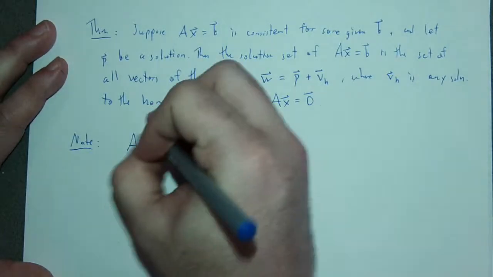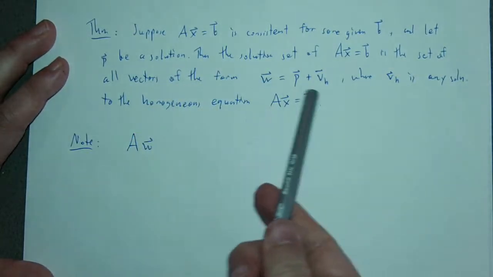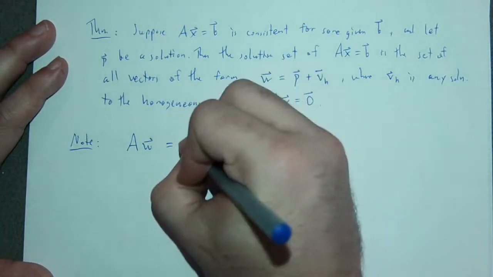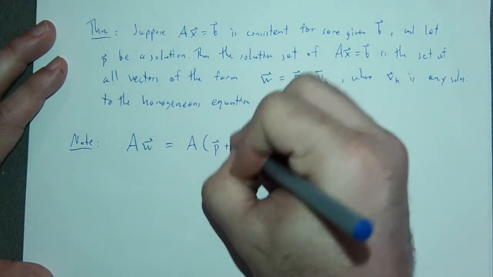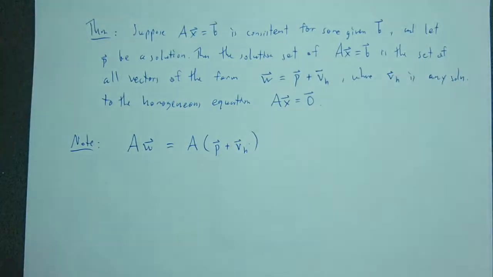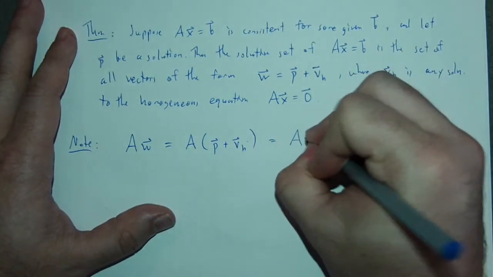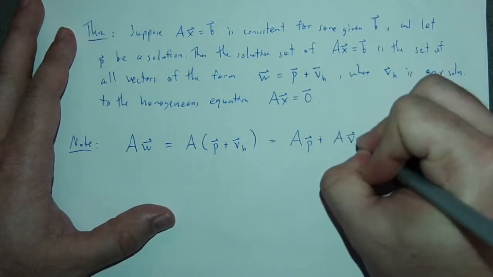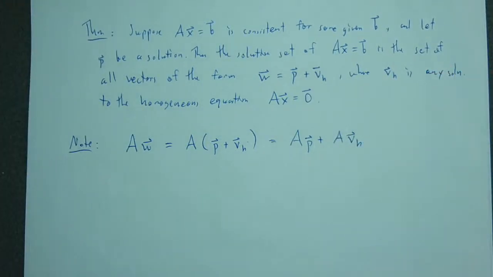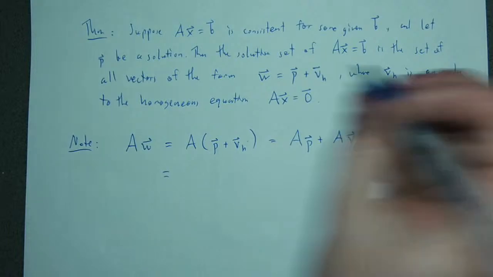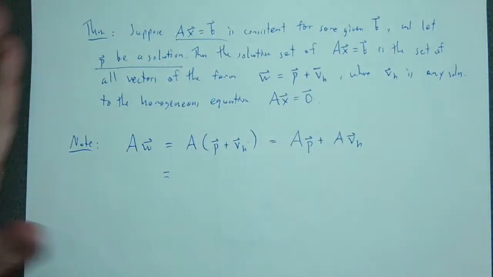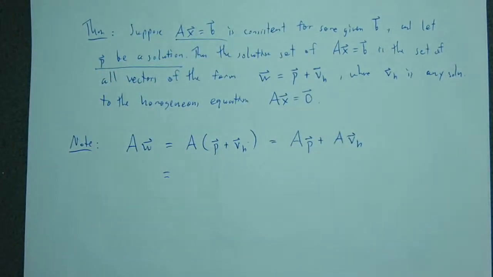So note that A times w is A times p plus v sub h. So this is A times p plus A times v sub h. Those rules that I wrote out at the end of class last time tell you this. What is A times p? I was told that p is a solution to Ax equals b, so A times p is equal to b.